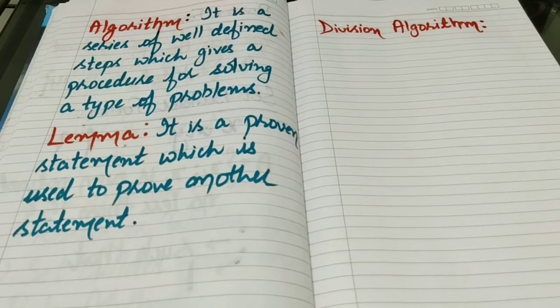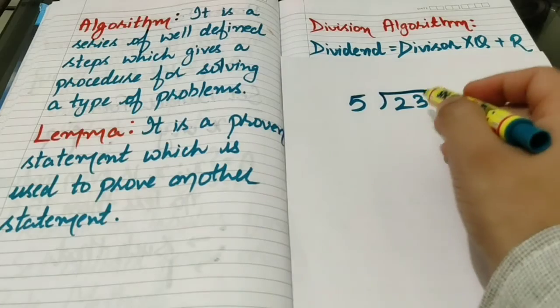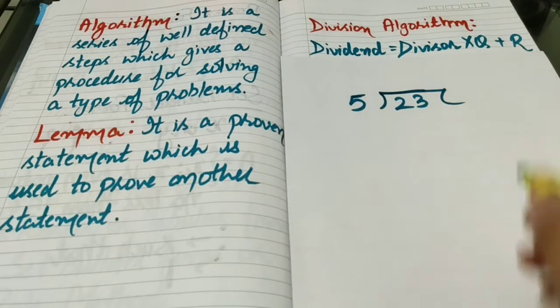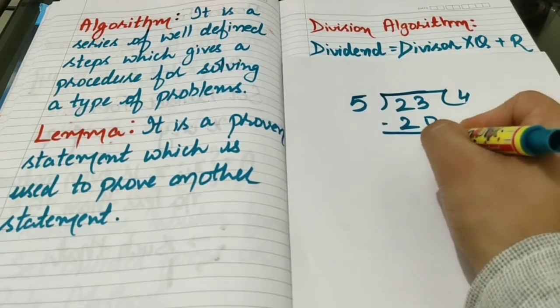Next is division lemma. While students in junior classes we have done division algorithm. What is division algorithm? We know that dividend equals to divisor into quotient plus remainder. Now I want to take one example for further explanation. For example, if we have to divide 23 by 5, we know that 5 fours are 20 and remainder is 3.